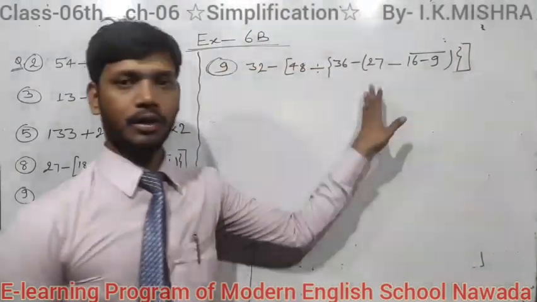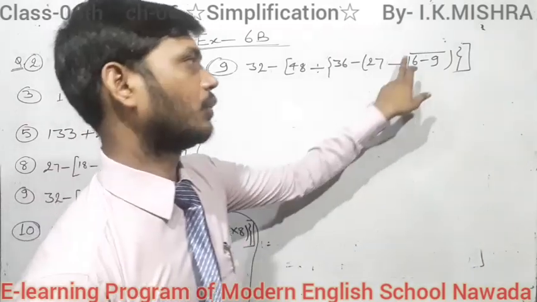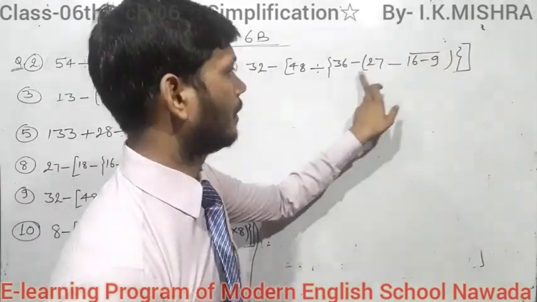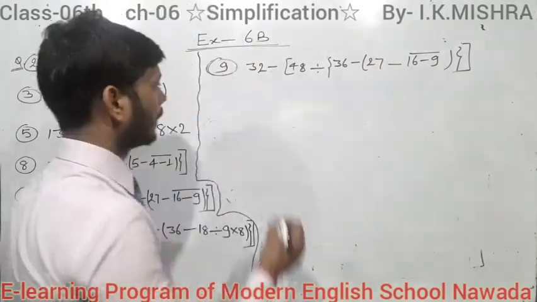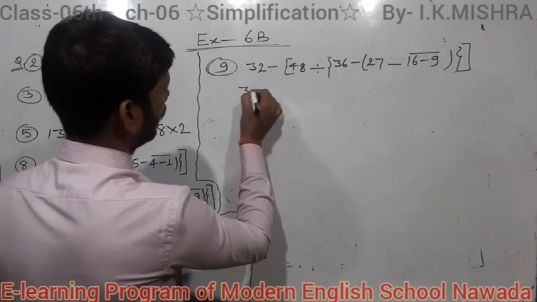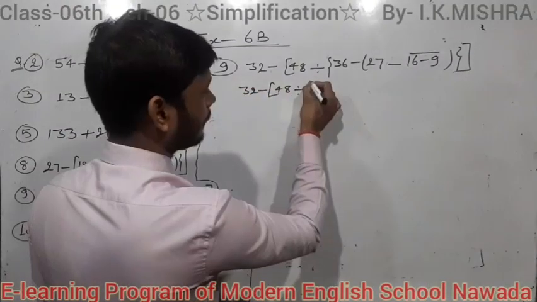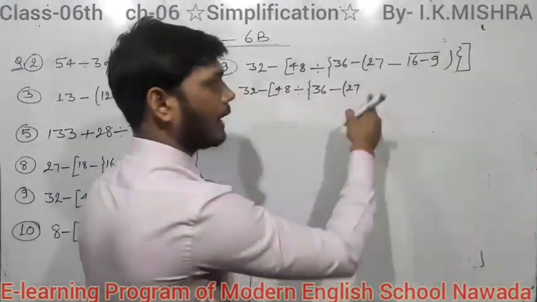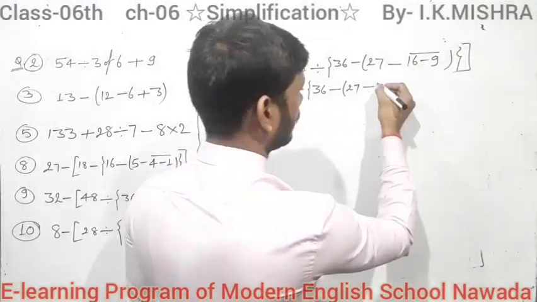Students, this is the question of number 9. Students, first of all do the process of bar bracket and then remove the small bracket and then the curly bracket. Now 32 minus 48 divided by here 36 minus 27, and do the process of bar bracket, so minus 7.